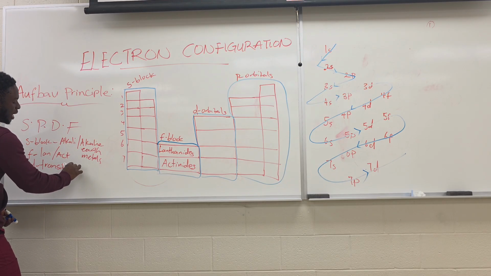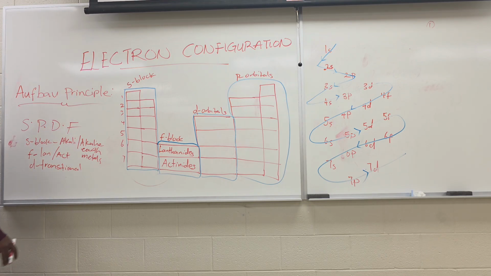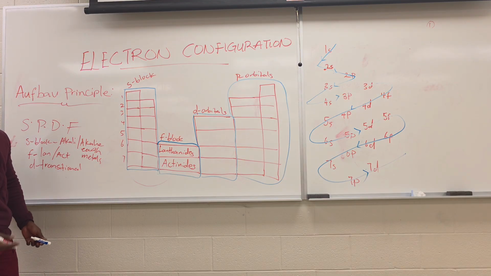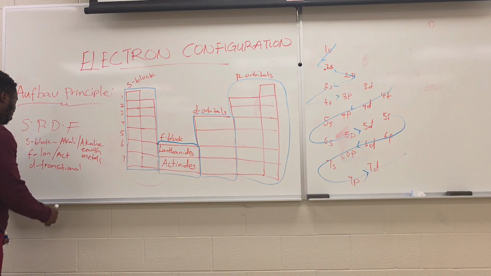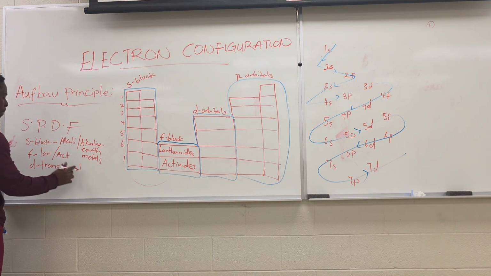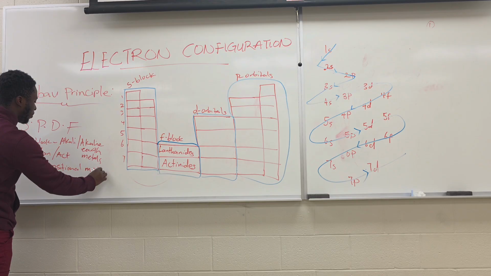Transitional metals because they have multiple oxidation states. That is why they have different colors, because different oxidation states absorb different wavelengths of light and hence give different colors. So the D is the transitional metals, right?